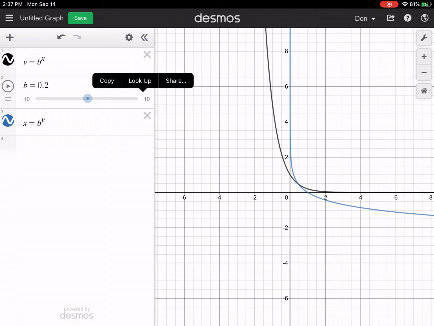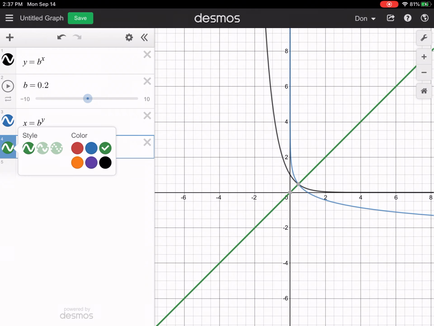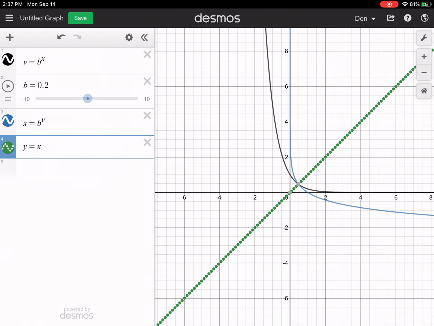So, now, again, imagine it's still reflected in the line y equals x. We still have the inverse going on. In fact, let's add y equals x in there again, just so we can see that it is, in fact, still a reflection. So in this line, the black one reflects over to the blue one across that line, and the blue one reflects over to the black one across that line, y equals x.